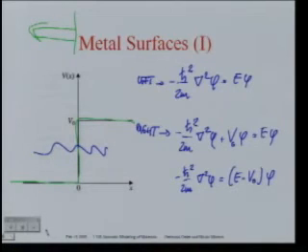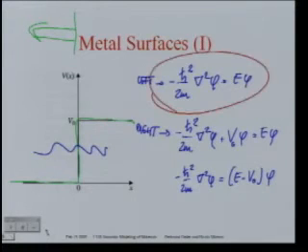So for the left side equation, we are trying to find a second derivative in which the constant is going to be minus 2mE over h bar squared. So it's a negative number. We need to take a second derivative and get a function times a negative number.